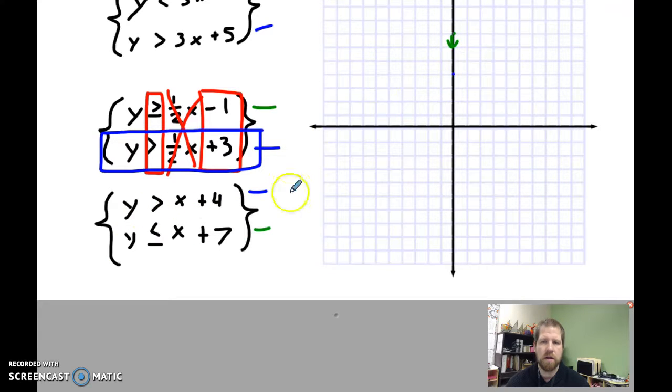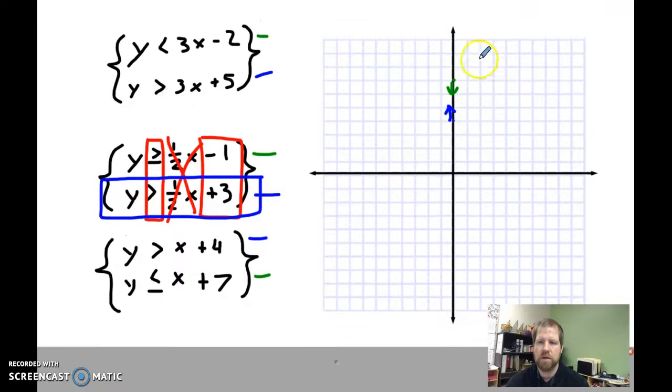And my lower line, okay, the one that has the smaller y-intercept, is going to have solutions above. So it's going to be solutions in a band between these two. All right, and then at this point I could graph them to be able to show that. All right, but I can see just from doing this that I am going to have overlap, and I am going to have solutions between my two inequalities.